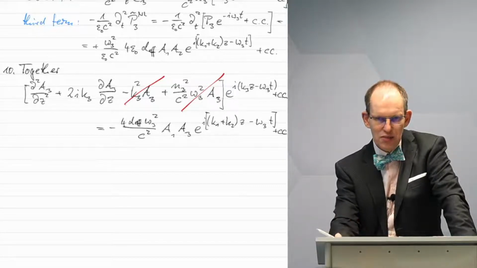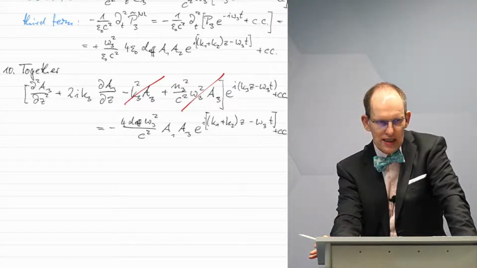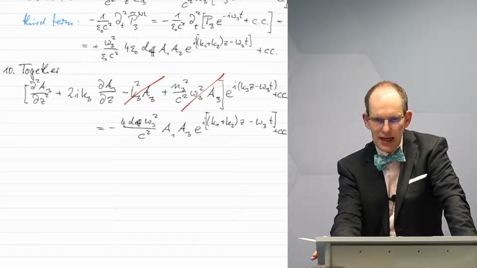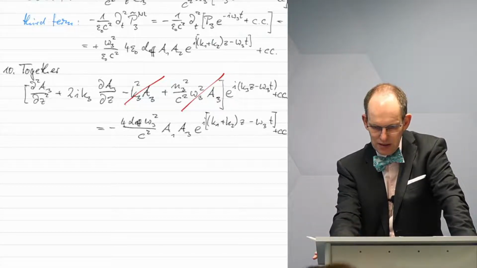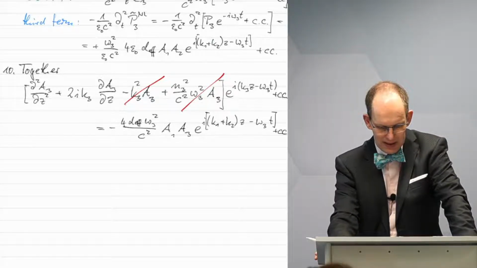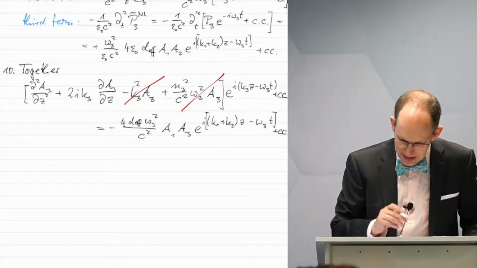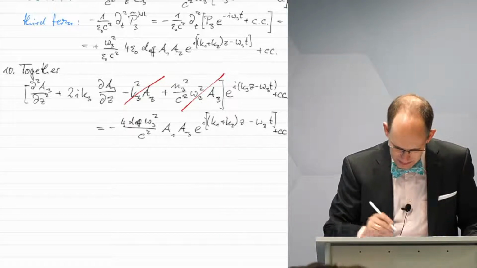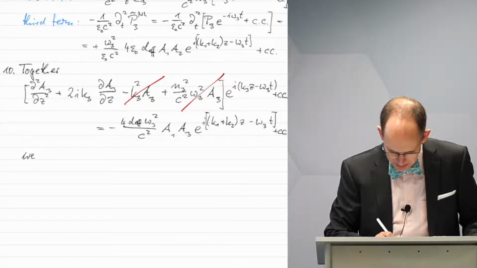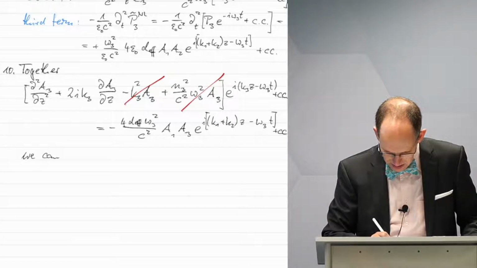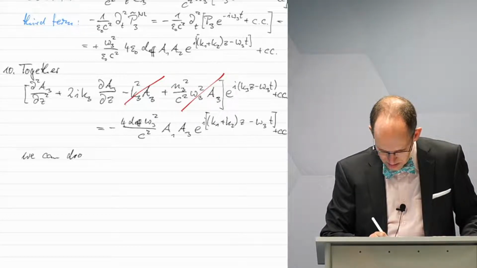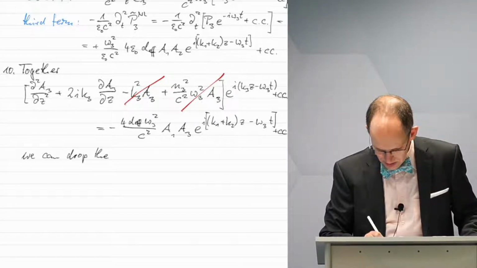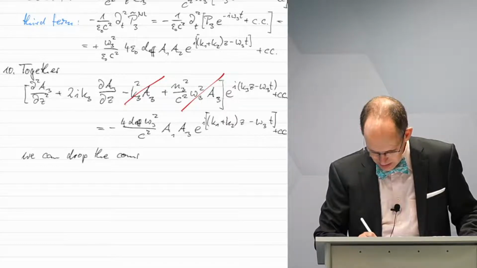So this equation must hold for the complex conjugate and the rest independently. So let's write that down. So we can drop the complex conjugate.